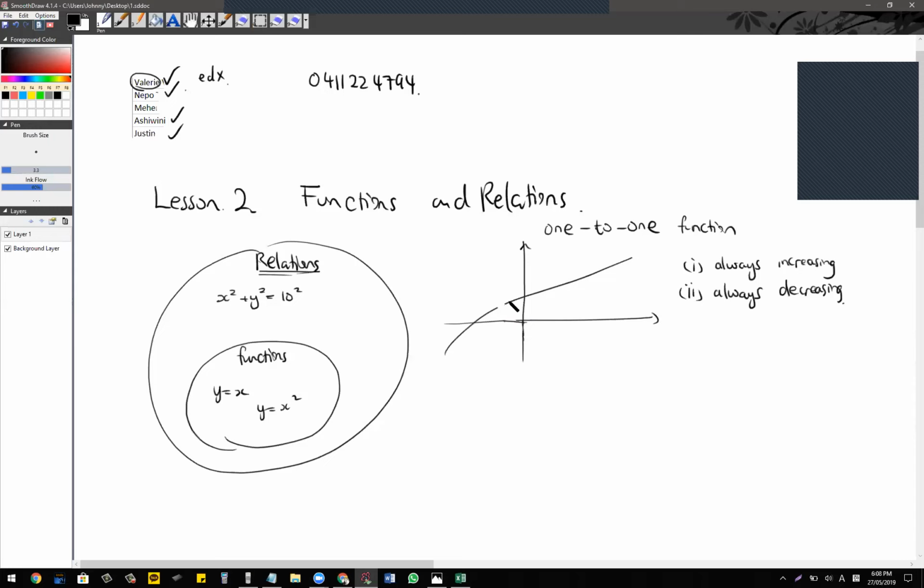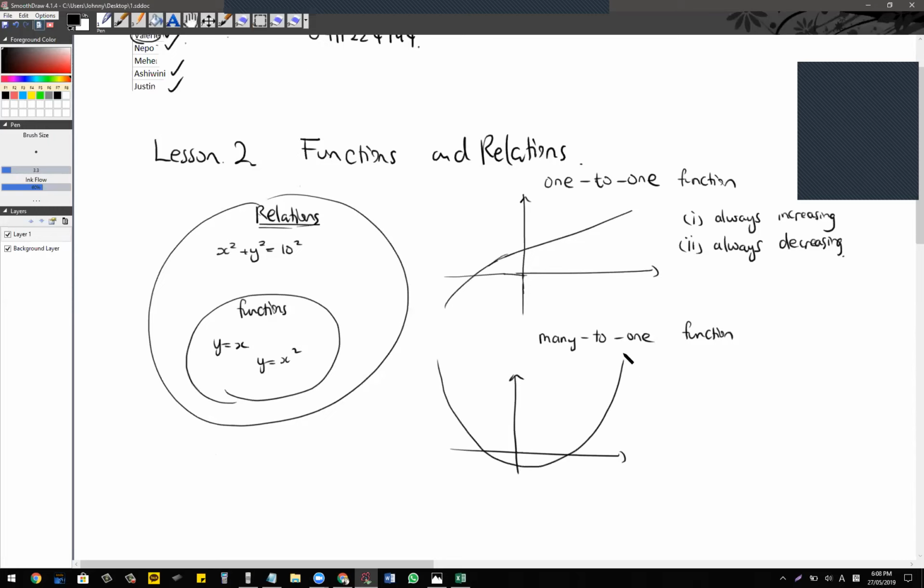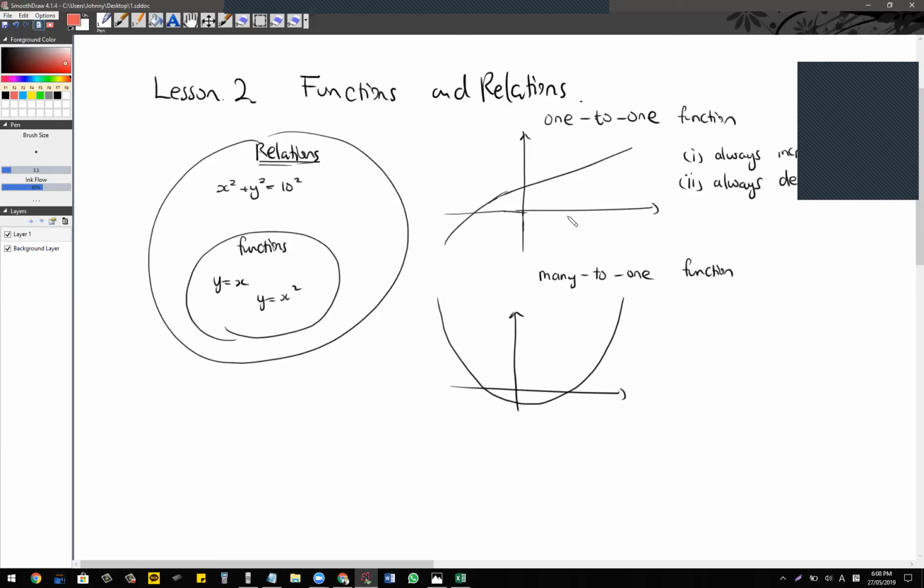Now there is a way to test whether it's a one-to-one function, and there's also the many-to-one function. I'll give you an example. It looks like this. That's a many-to-one. I'll tell you the reason why. For one single value of x, there is only one single value of y. Let's say this is 5, and this is 6. For one value of x, there's only one value of y.